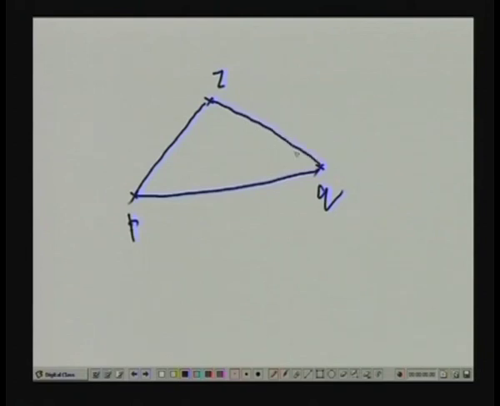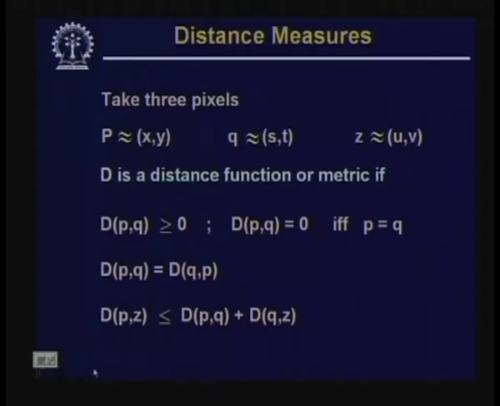And this is quite obvious again from our school level mathematics. You know that if I have 3 points P, Q and another point Z, and if I measure the distance between P and Z, this must be less than the distance between P and Q plus the distance between Q and Z. So, this is what we all have done in our school level mathematics, and the same property must hold true even in case of the digital domain, where we talk about different other distance functions.